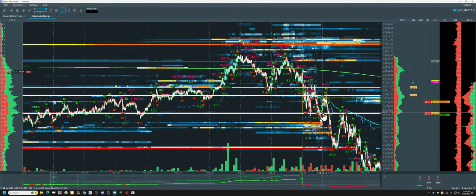Now, it's not mechanical. So in other words, I came above it here, but where's my resistance? Here. If I find too high and I get below where the buyers were here, and now this is where my resistance is, and this, and this, and this, what am I going to do?